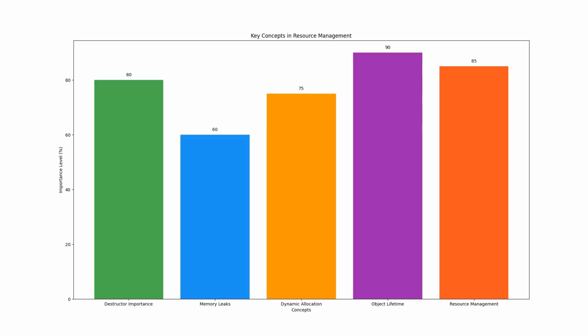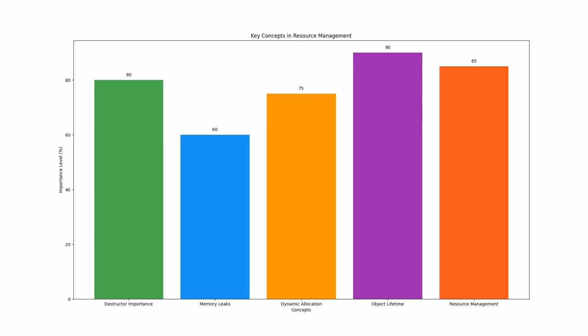The displayed figure titled Key Concepts in Resource Management presents a bar chart where the x-axis lists 5 distinct concepts: destructor importance, memory leaks, dynamic allocation, object lifetime, and resource management. Meanwhile, the y-axis quantifies each concept's importance level in percent.